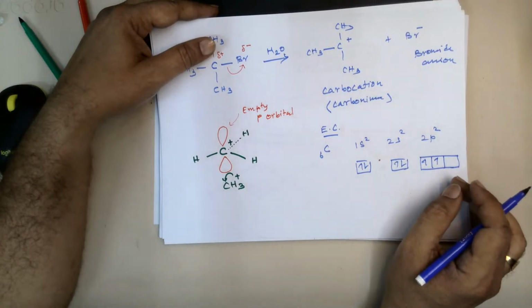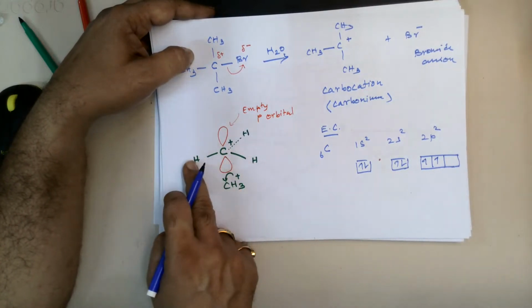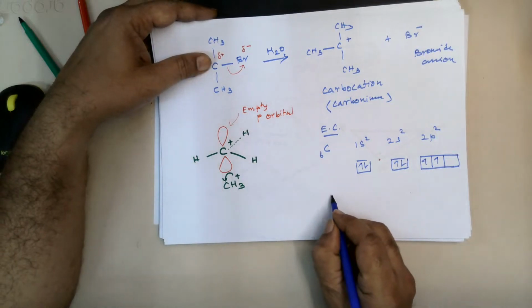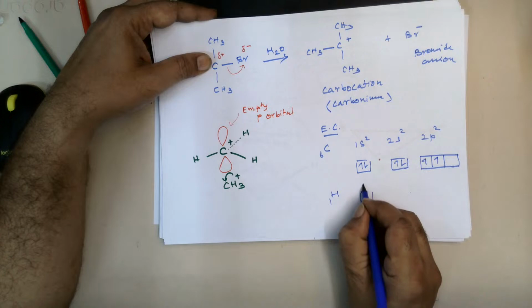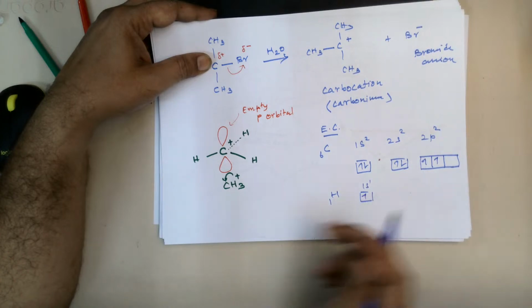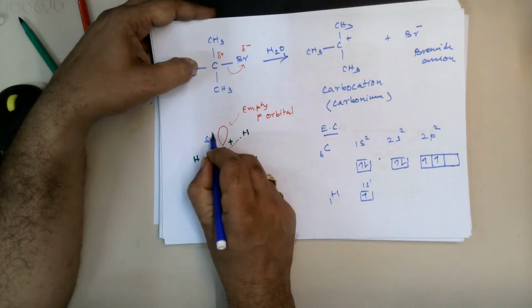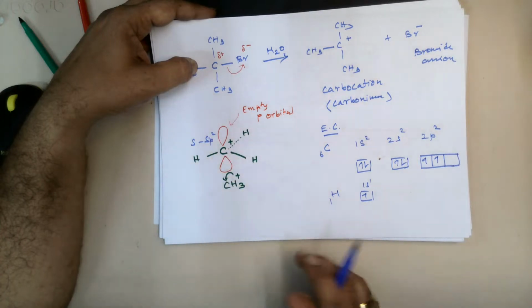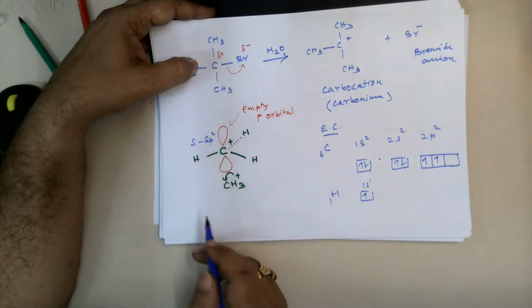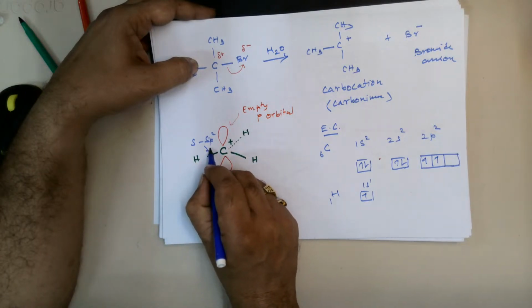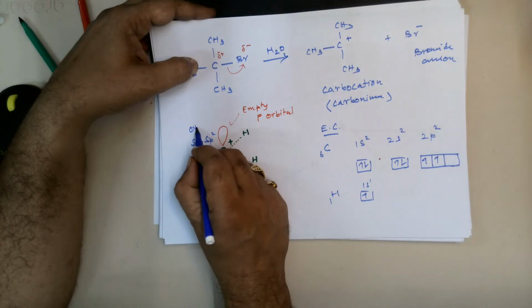So here this is sp2, and for hydrogen it is 1, so simply you can write 1s1. So this is the sp2 s overlap. This one is also sp2 s overlap.